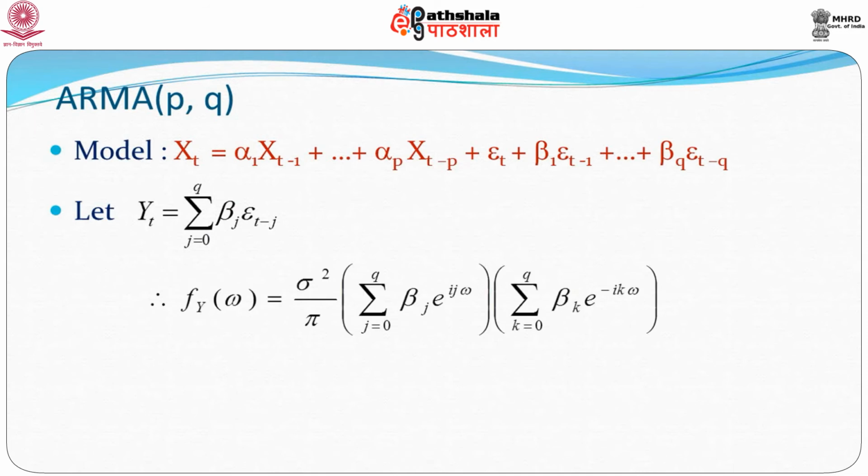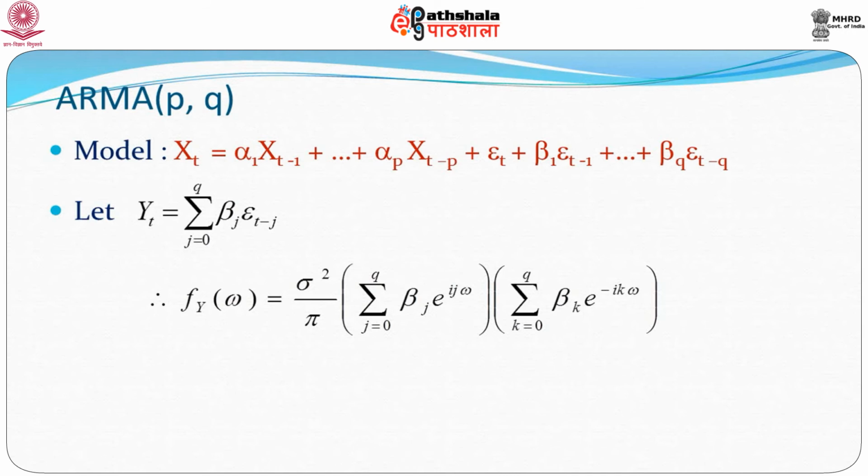Now if we do this, and since the epsilons are innovations or white noises, they have a spectral density of sigma square by pi, and hence we can write f_y(omega) in terms of the spectral density of epsilon and the h functions, which in this case would be the summation over j from 0 to q of beta_j e to the power of i j omega and beta_k e to the power of minus i k omega, again summed over k.